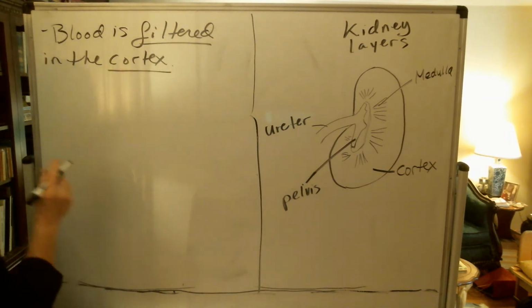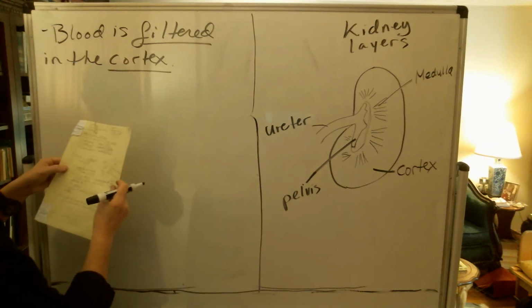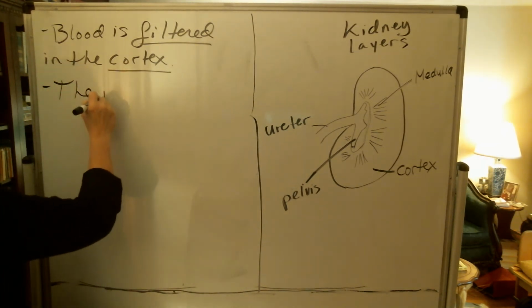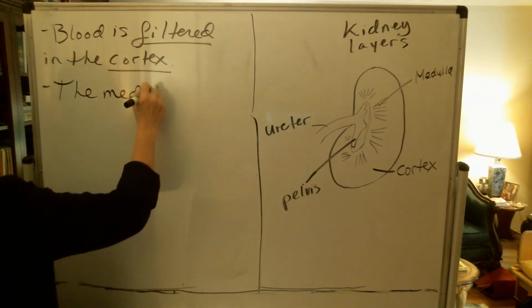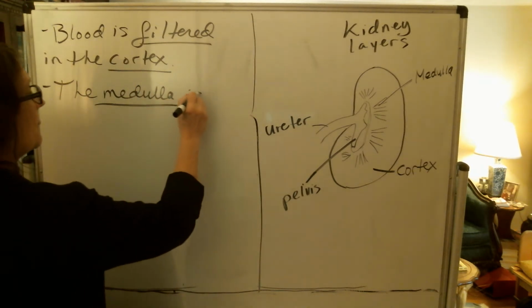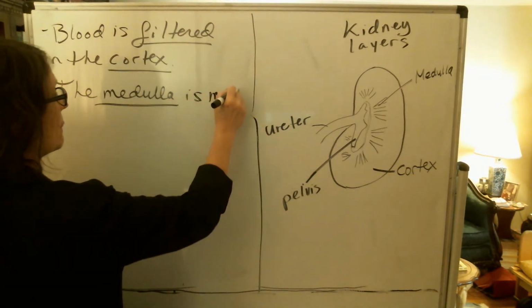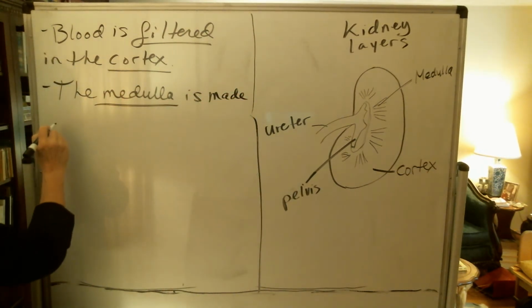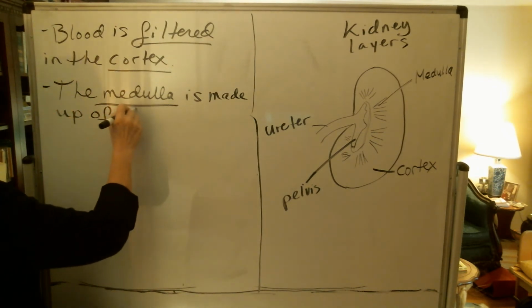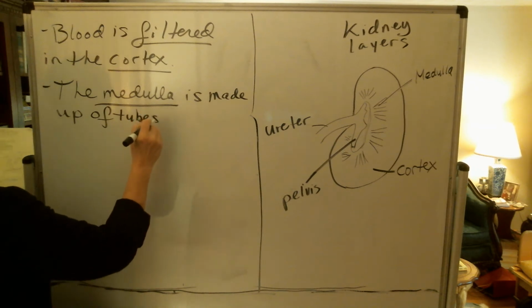That is the process that takes place in the cortex, filtration of the blood. And the medulla is made up of tubes.